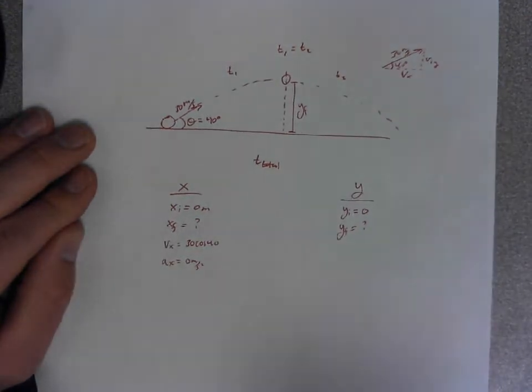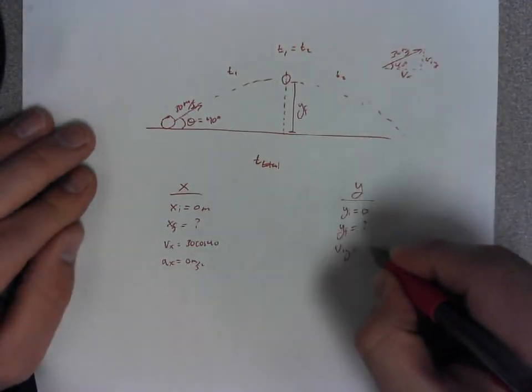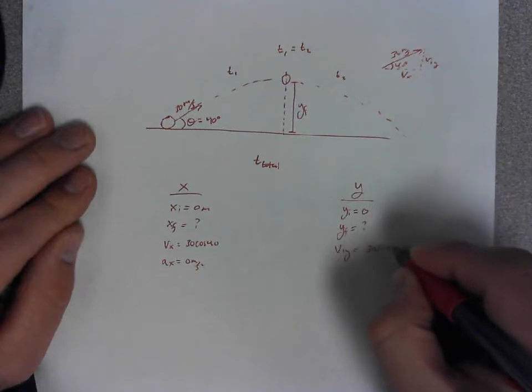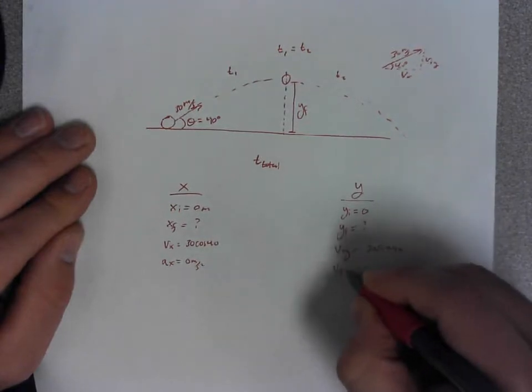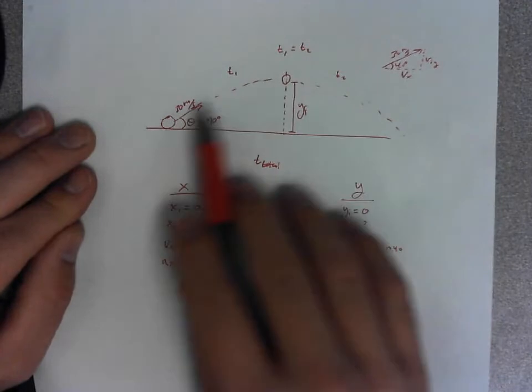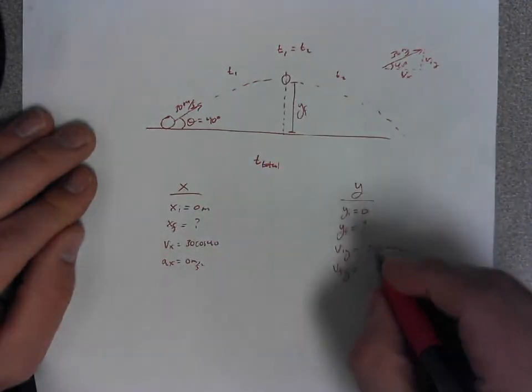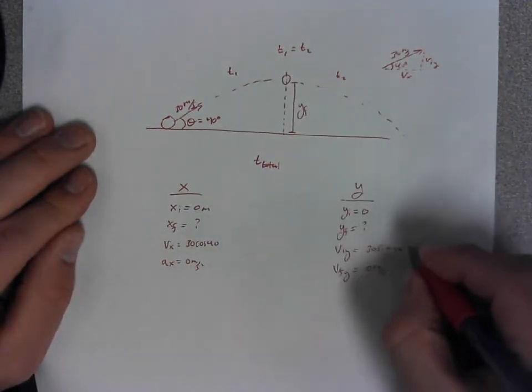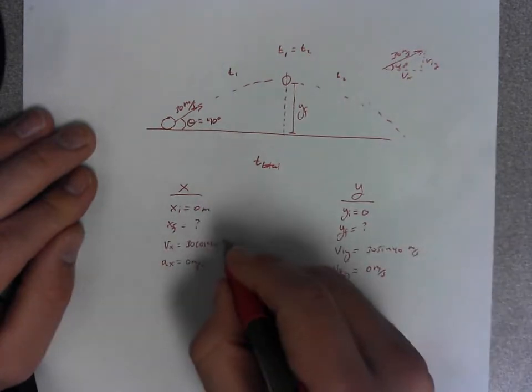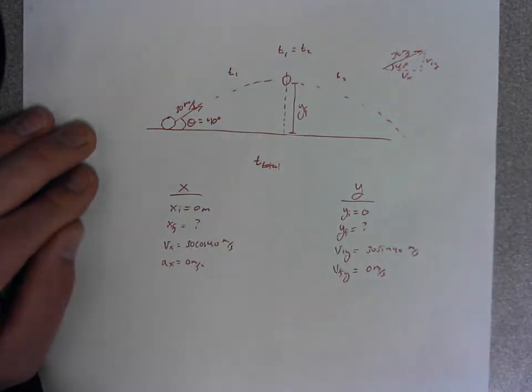My initial velocity in the y direction is going to be 30 sine 40. My v final in the y direction, up to this point, is going to be 0. That's how we know when we're at the top of the arc: when it stopped moving in the y direction. That's the defining feature.